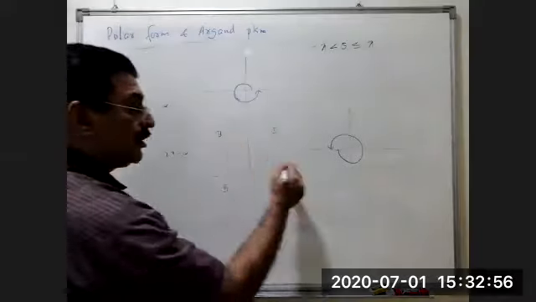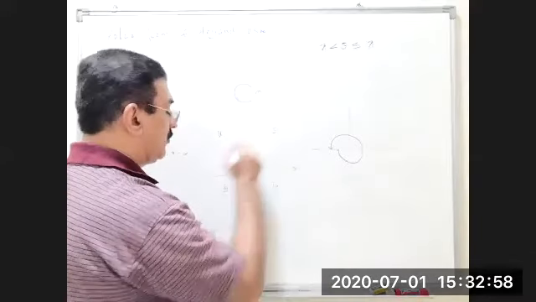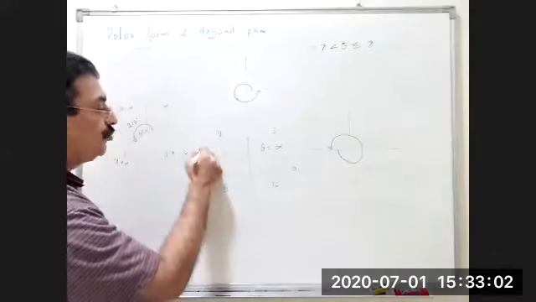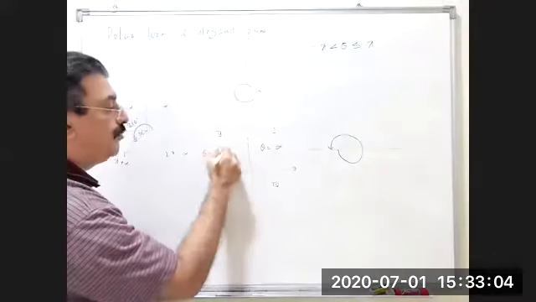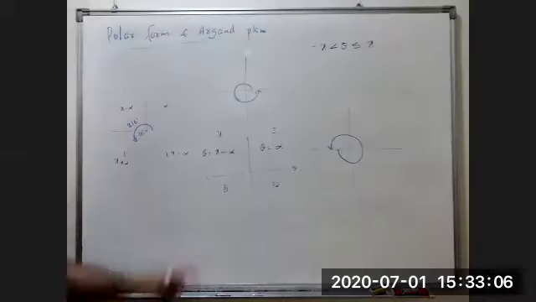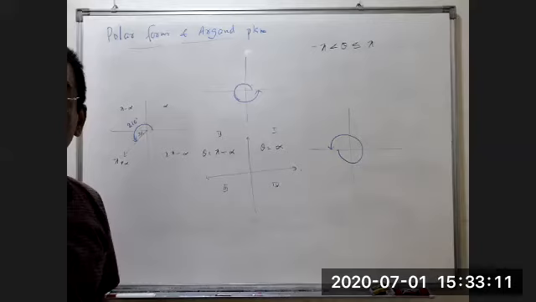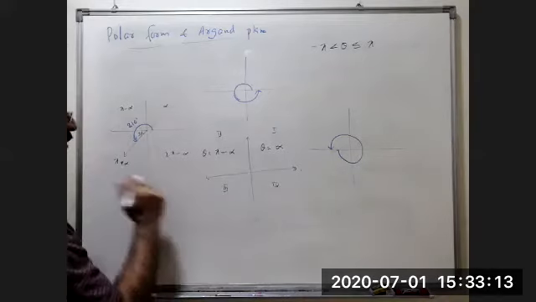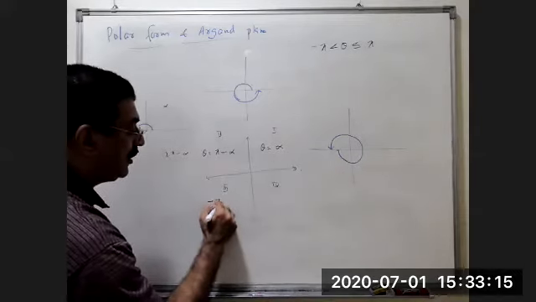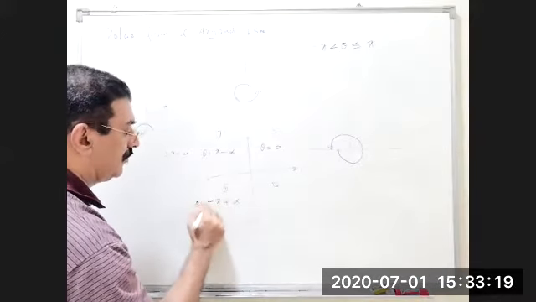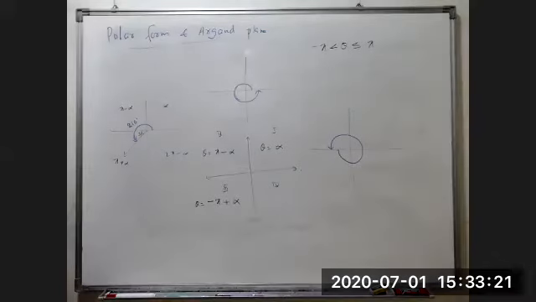In complex numbers, we take argument theta as alpha in the first quadrant, and pi minus alpha in the second. So the first two are the same as in trigonometric equations. In the third quadrant, instead of pi plus alpha, we take minus pi plus alpha.